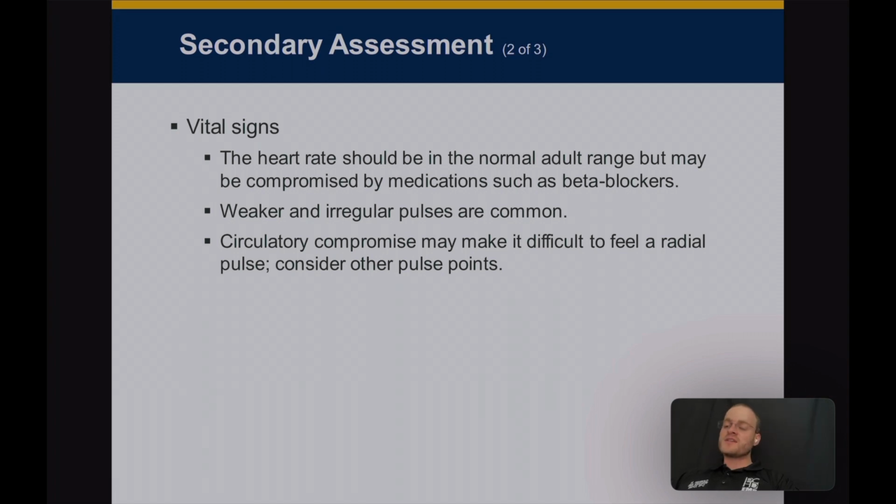And so this is an important point. The heart rate should be a normal adult range, but it may be compromised with medications known as beta blockers. Beta blockers are medications like metoprolol, labetalol, they end in LOL, carvedilol, propranolol. And so what these beta blockers do is they inhibit the heart rate.